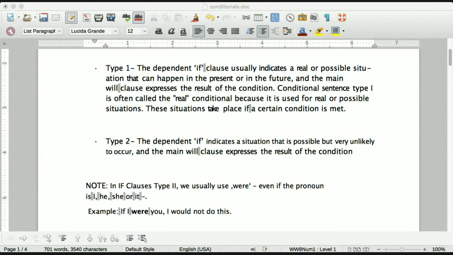Eunice, to start us off, will you tell us what you already know about conditionals? Well, conditionals mean that you need to, oh, I forgot the word, sorry.